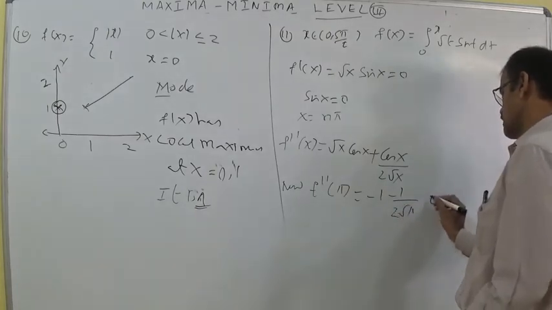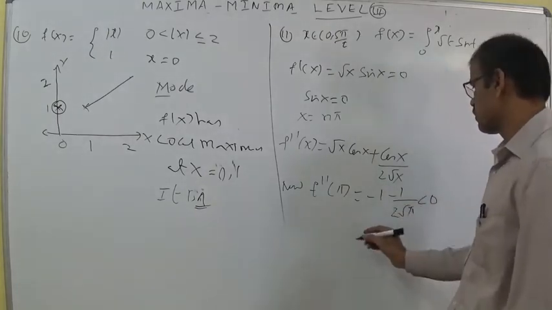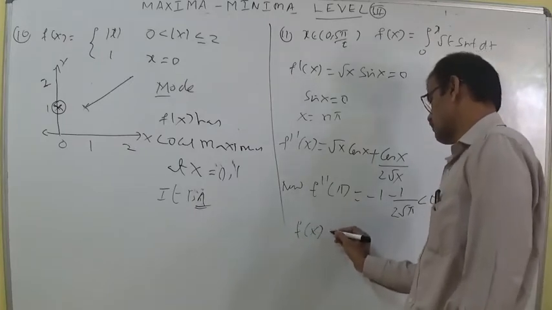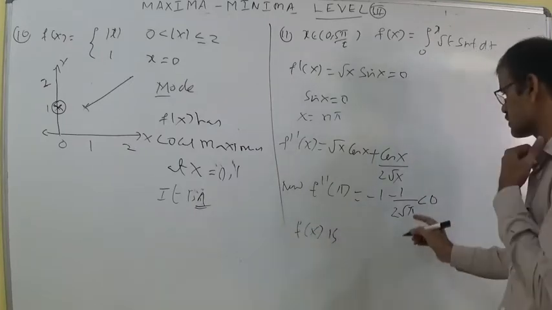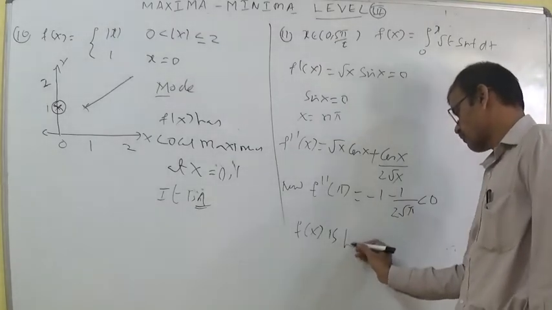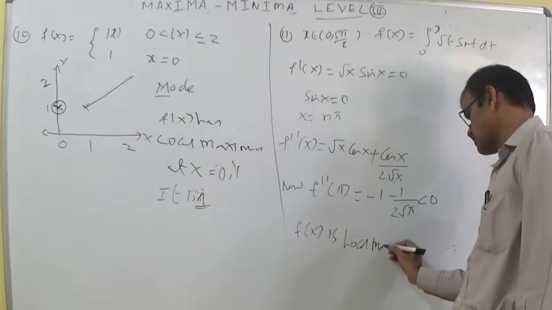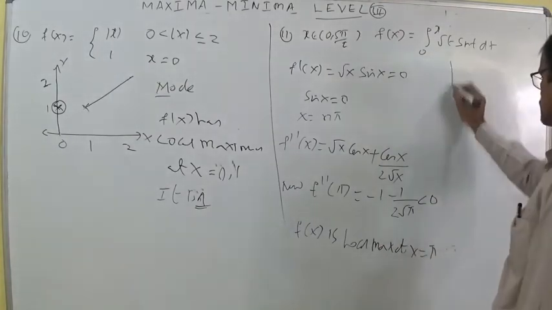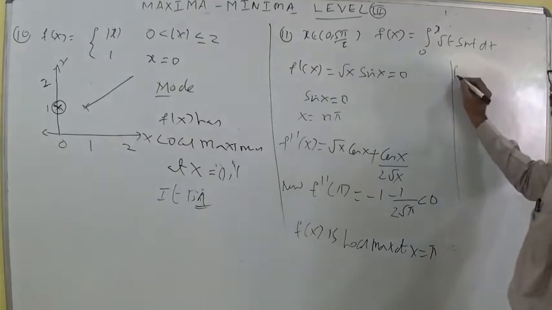So it is negative. Whenever f double dash x is less than 0, it is a maximum. So f of x has a local maximum at x is equal to pi. Next, let us discuss x is equal to 2 pi.